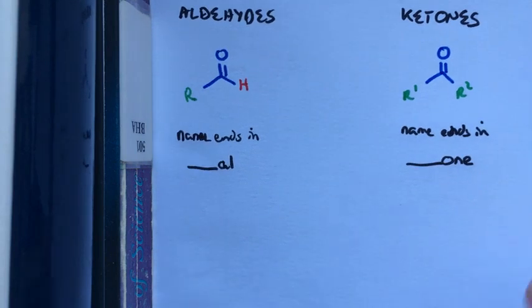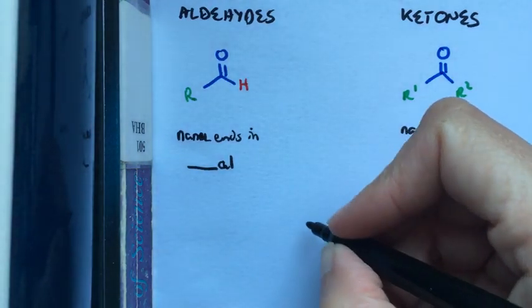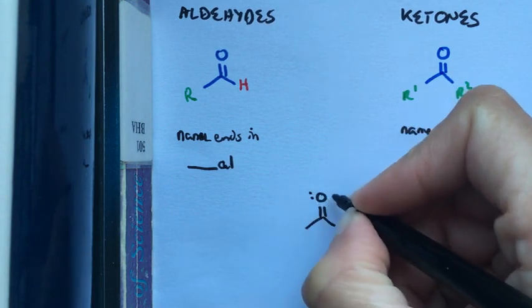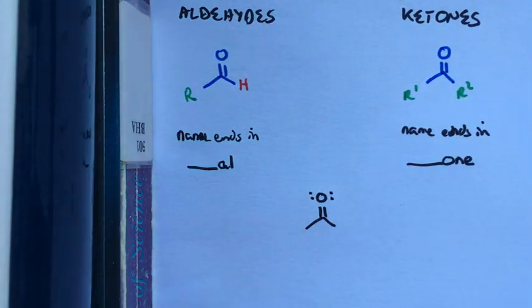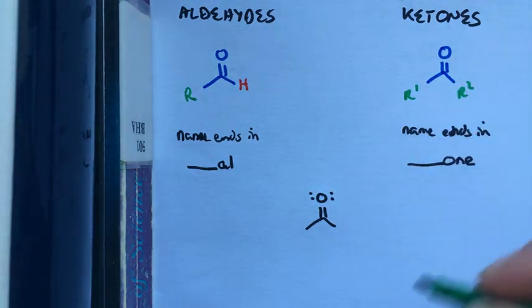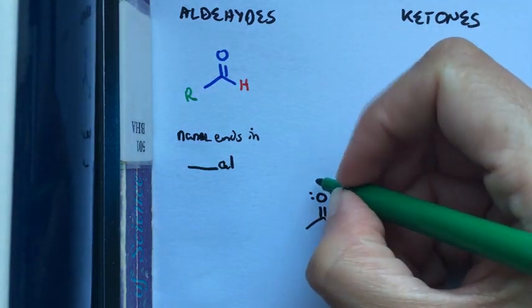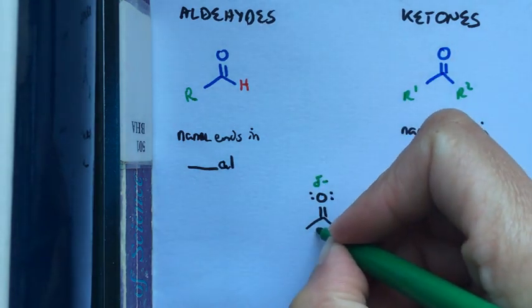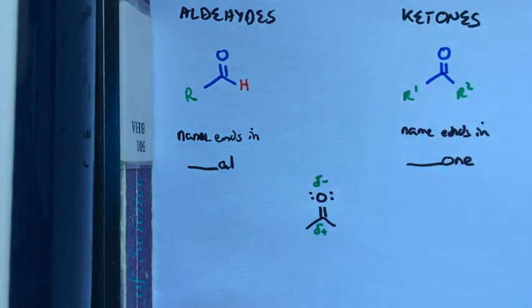Just one last thing to talk about with aldehydes and ketones is to look at the nature of that group. Remember, we've got two lone pairs of electrons sitting on that oxygen atom. Because the oxygen is more electronegative than the carbon, the oxygen carries a delta negative, and the carbon carries a delta positive.